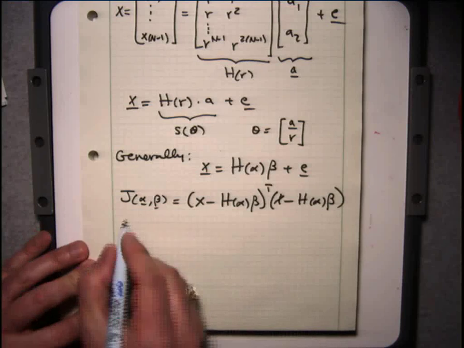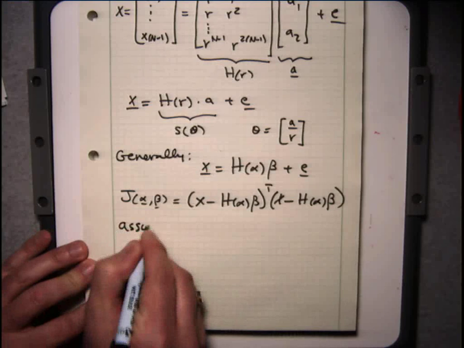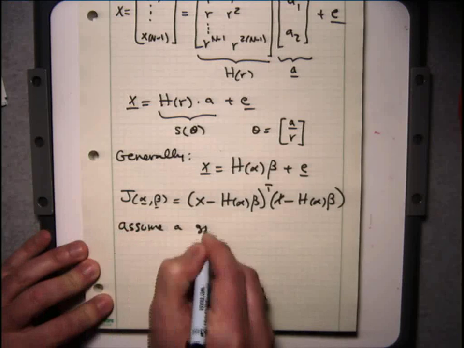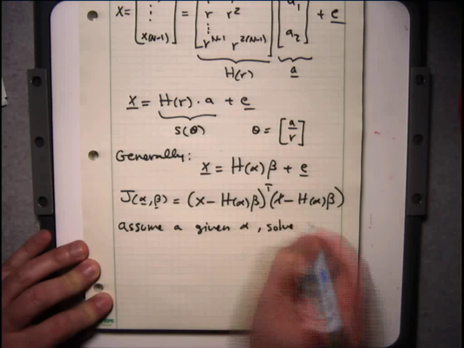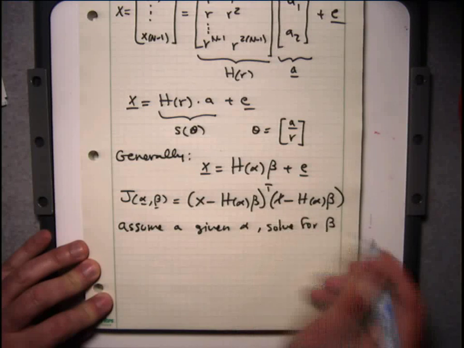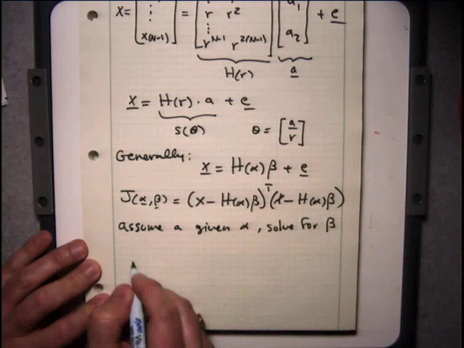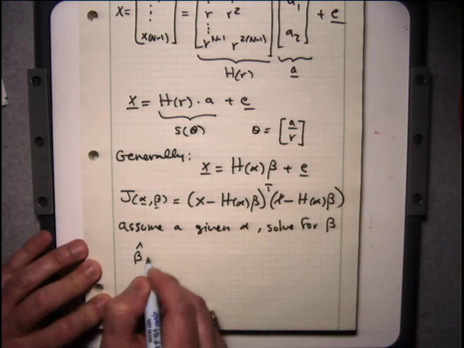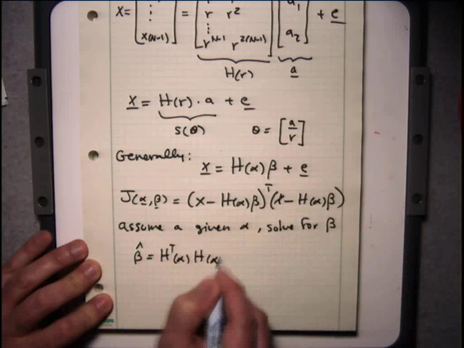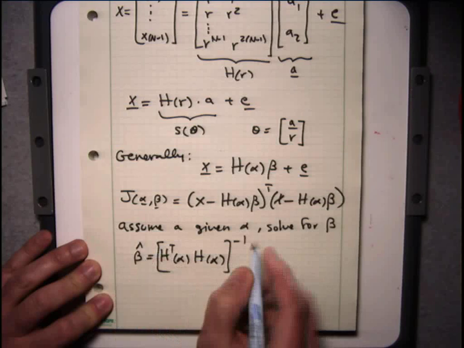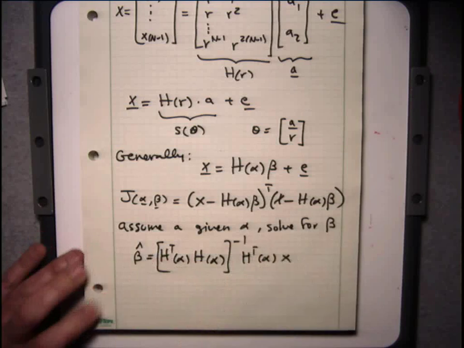So assume a given alpha, and solve for beta, meaning minimize this as a function of beta. And of course, when you do that, you get beta hat equals h transpose alpha times h alpha, this whole thing inverse, times h transpose alpha times x.